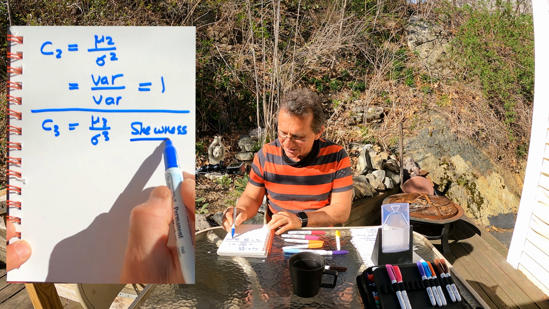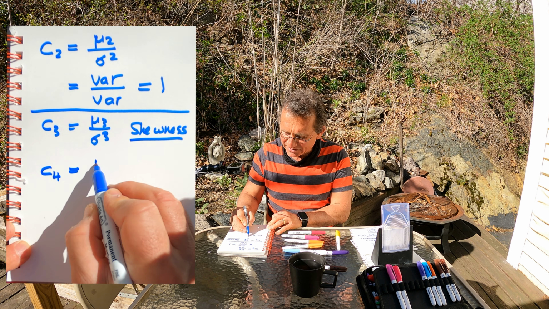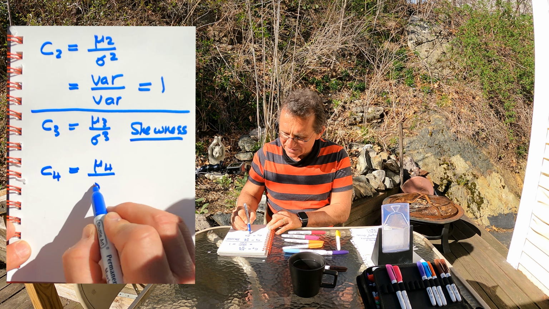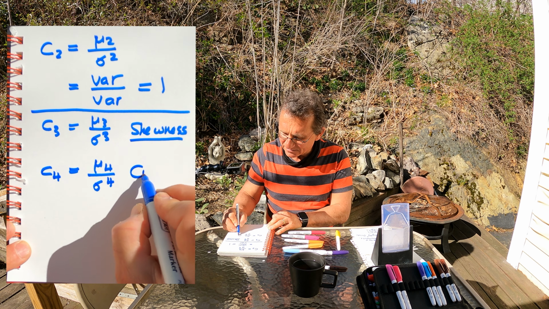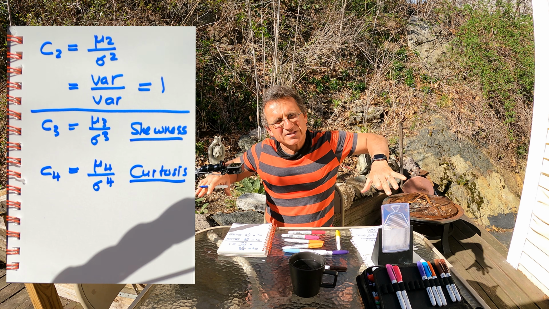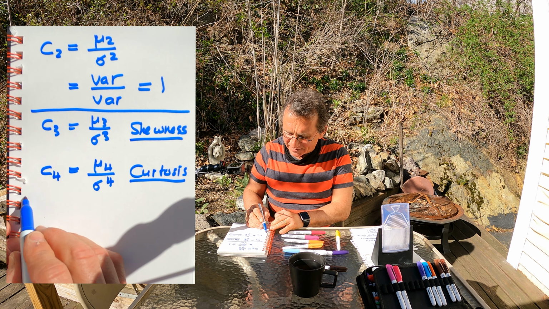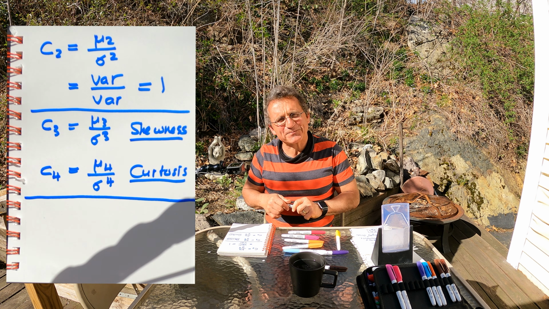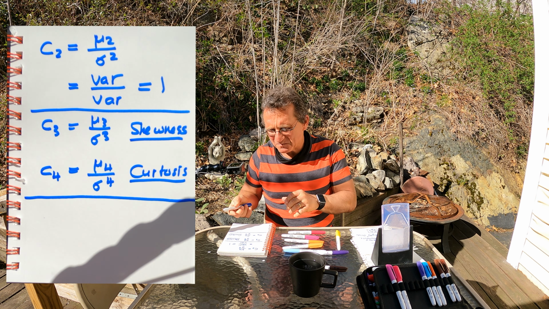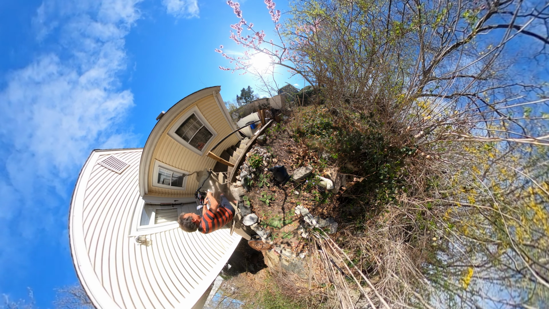And then there's the fourth one, which also appears often, which is mu4 over sigma to the 4. And that's the kurtosis. It tells you somehow how big the tails of the distribution are. But that's essentially just what I wanted to introduce in this lecture.